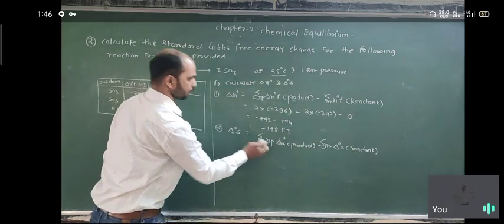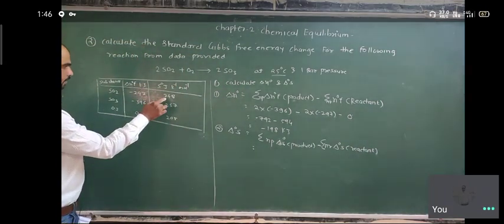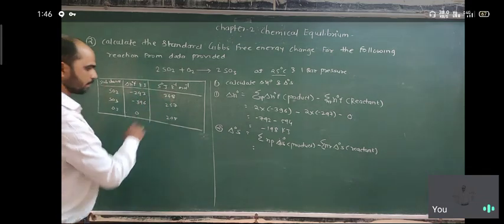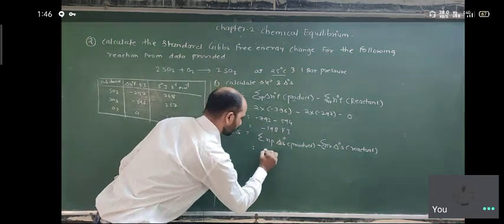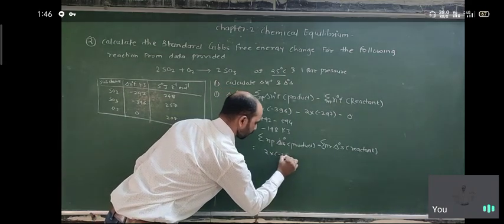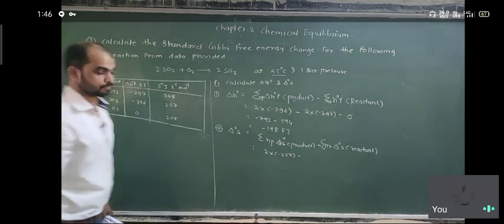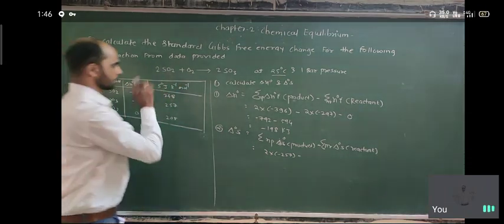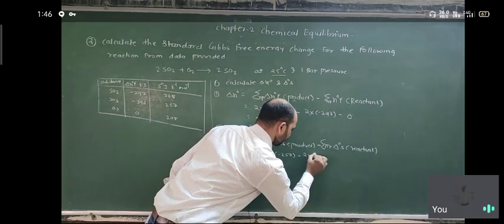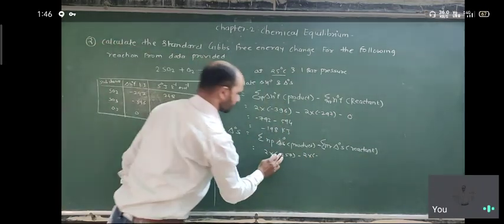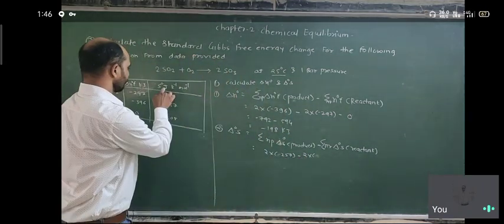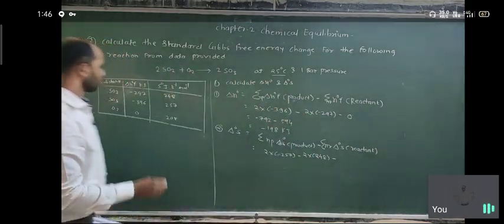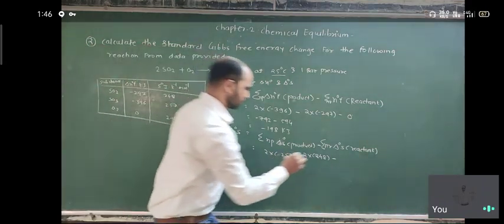For the product side, the entropy given is 257, so 2 into 257, minus the reactant side, where there are 2 SO2, so 2 into 248, minus for O2 it is given 205.